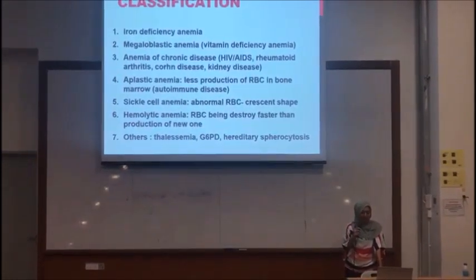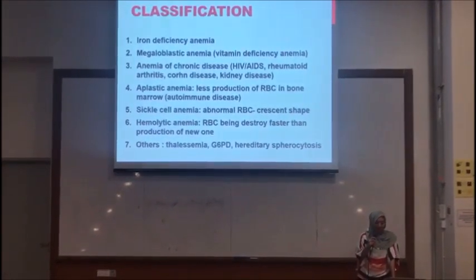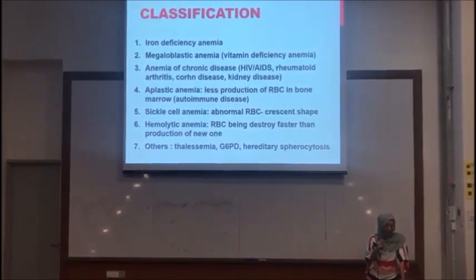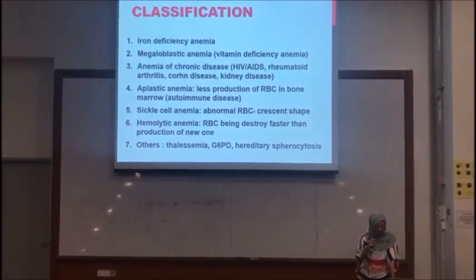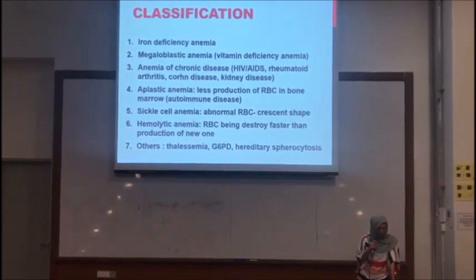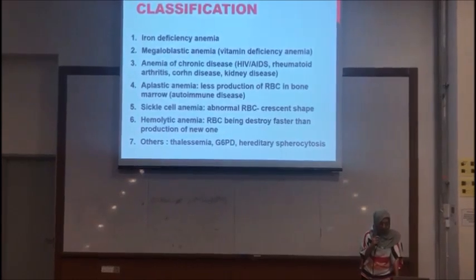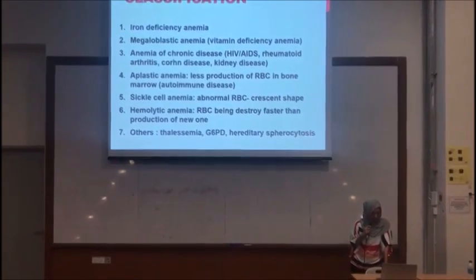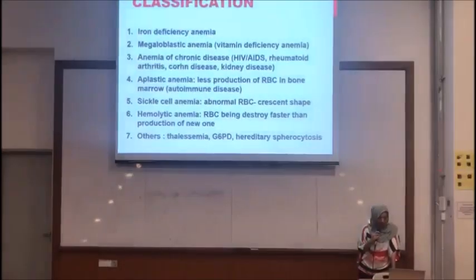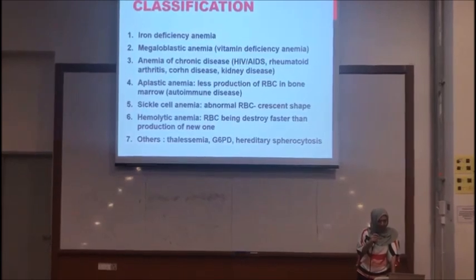Classification of anemia: first, iron deficiency anemia; second, megaloblastic anemia, which is vitamin deficiency anemia; third, anemia of chronic disease in HIV, AIDS, rheumatoid arthritis, Crohn's disease, and kidney disease; fourth, aplastic anemia, less production of red blood cells in the bone marrow, which is an autoimmune disease; fifth, sickle cell anemia, abnormal red blood cells, crescent shape.